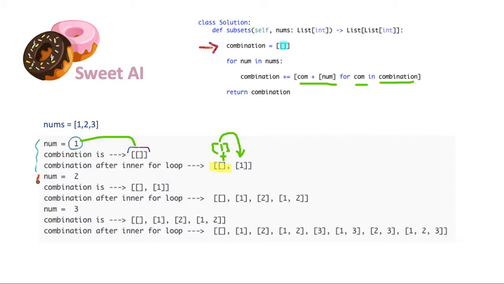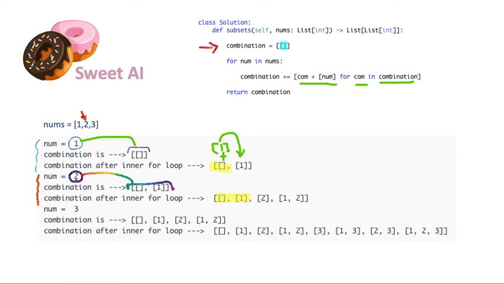This is the second element of the array, which is number 2. We are going to use this one and the ones that we have from the previous step to generate new items. These are from the previous step.